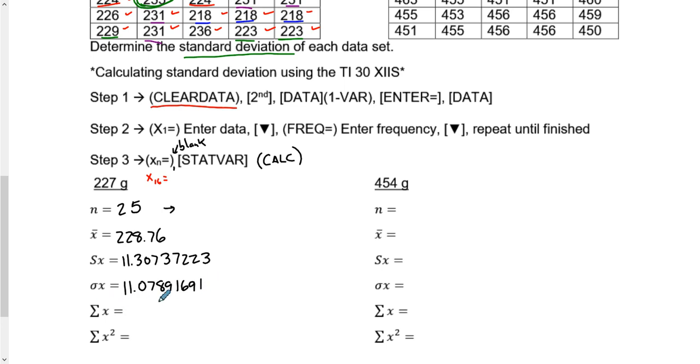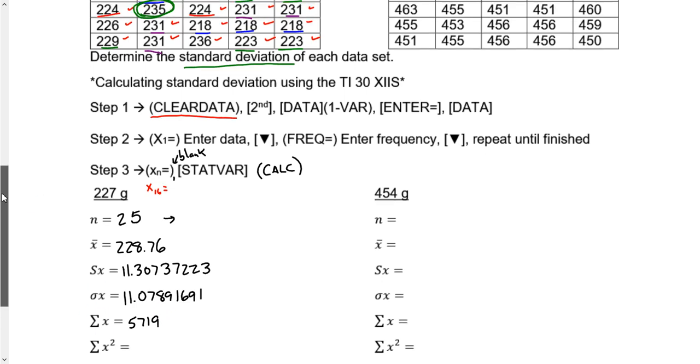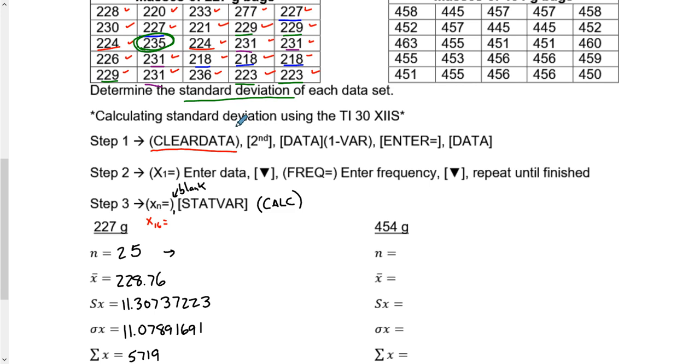Sigma x again, 5719, which basically means that is the sum of all of these numbers.